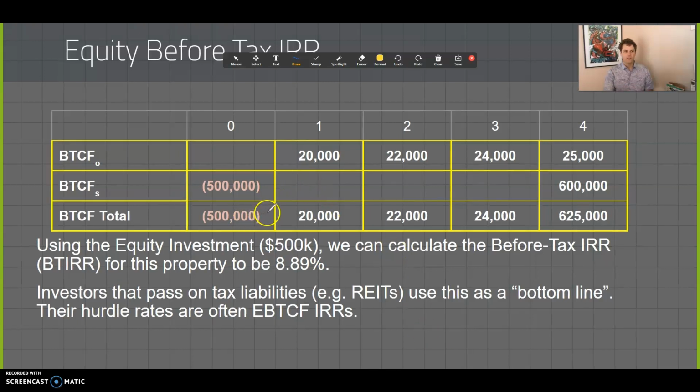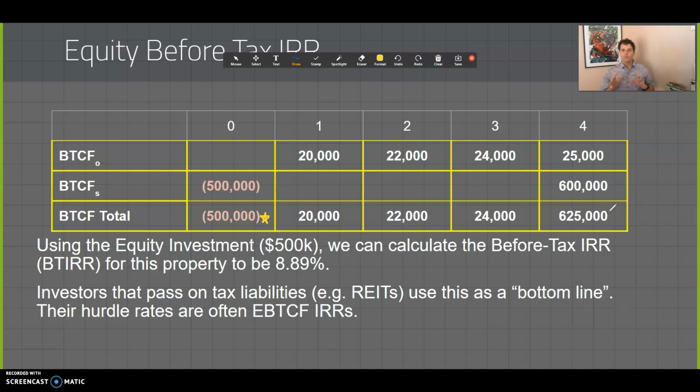So my $500,000 investment, then my net income to the equity stake, or the before tax cash flow for the operational phase in each year, plus my final year of income and my net sales proceeds after I paid off the debt, my before tax cash flows from the sale. I put all this together, and I can use a financial calculator or Excel to tell me that that gives me an internal rate of return, an IRR, of about 9%.